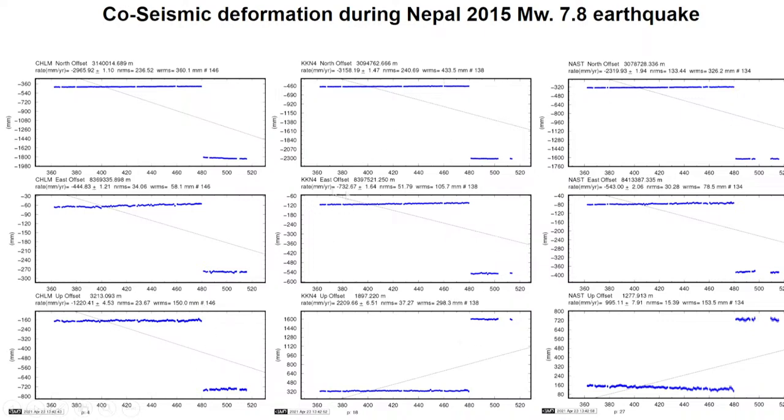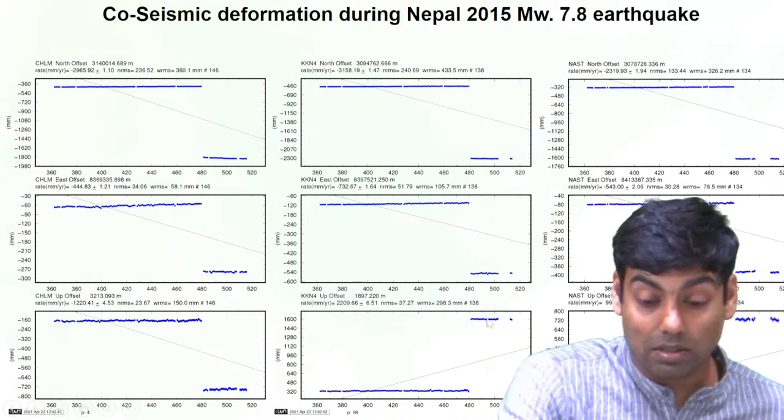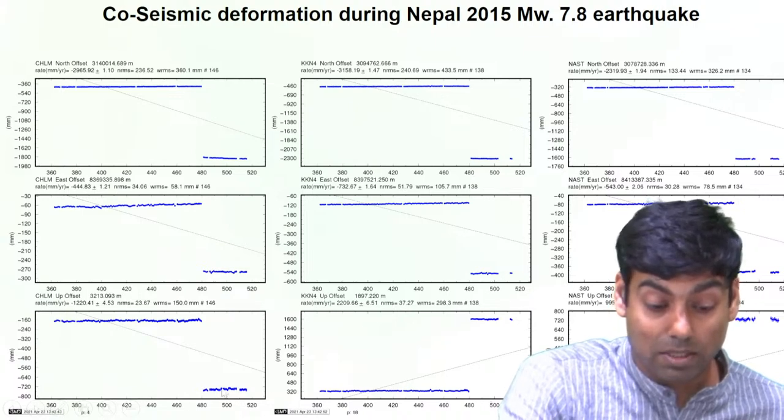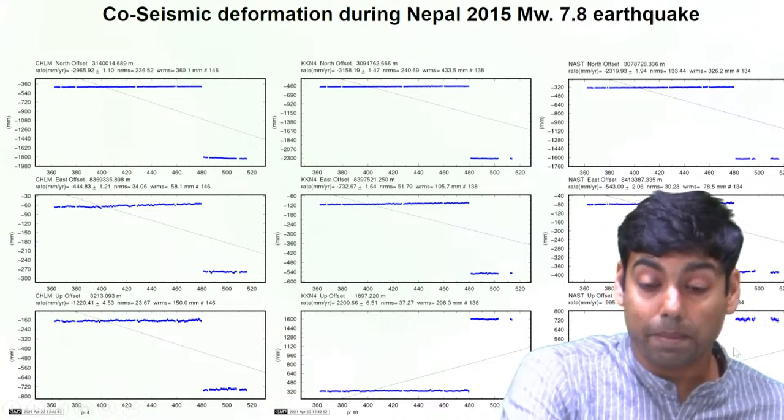In this region, at the CHLM station, the area has gone down, but at KKN4 the area has gone up. And in the third station also, it has gone up.